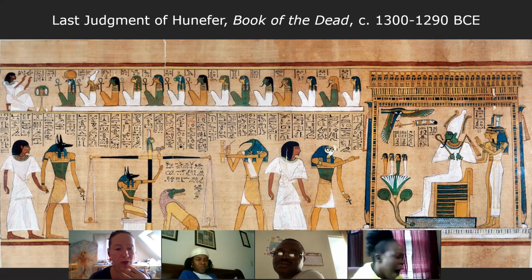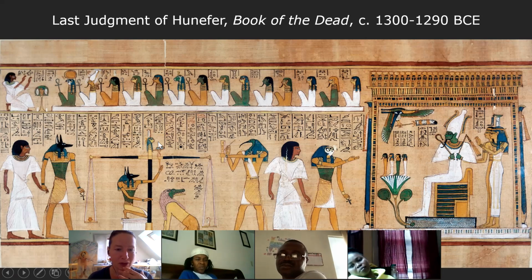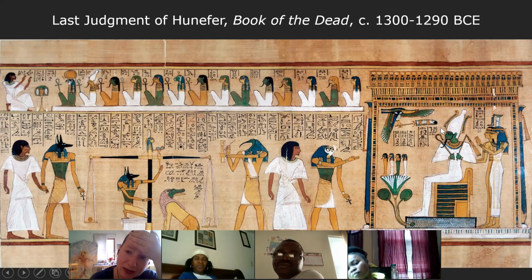His heart is on one side of the scale, and on the other side of the scale you have a feather. The feather is taken from the falcon over here, another symbol of a god. And in fact, his heart is lighter than the feather, and he's allowed to continue on to the afterlife, and to go look at the... I forgot who the main god was over here.